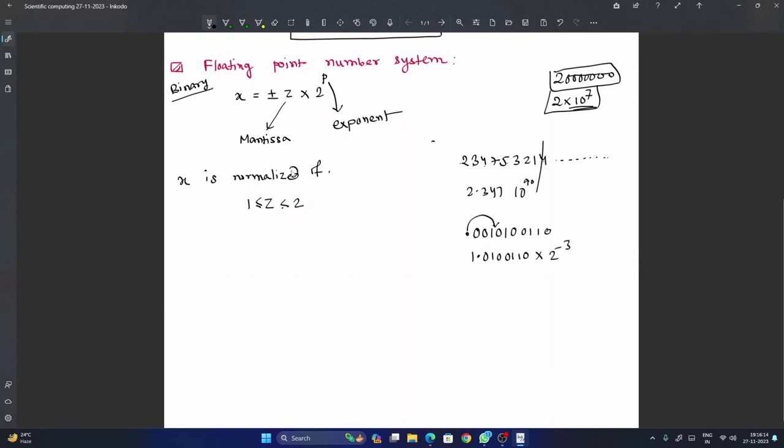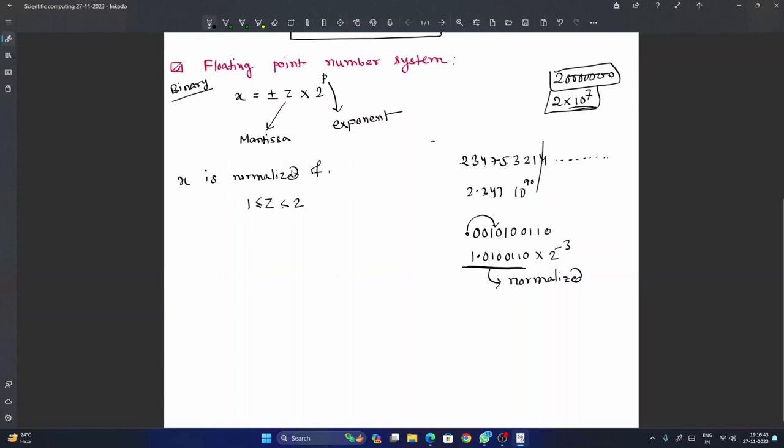So this representation of the mantissa is a normalized mantissa. Whenever you use the normalized mantissa, you need a 1 at the starting point, the first significant digit, because the leading 0 0 are not significant. So you have to shift the point to after that 1.